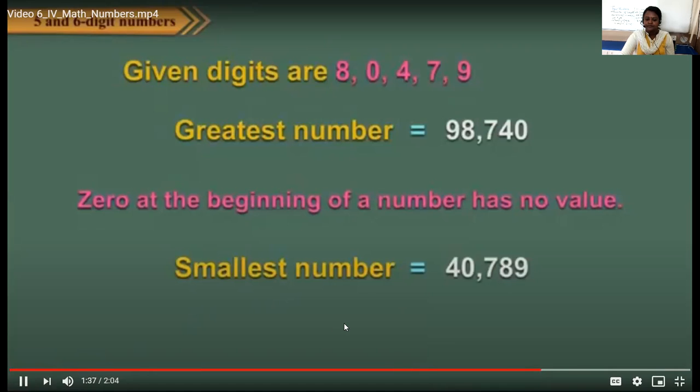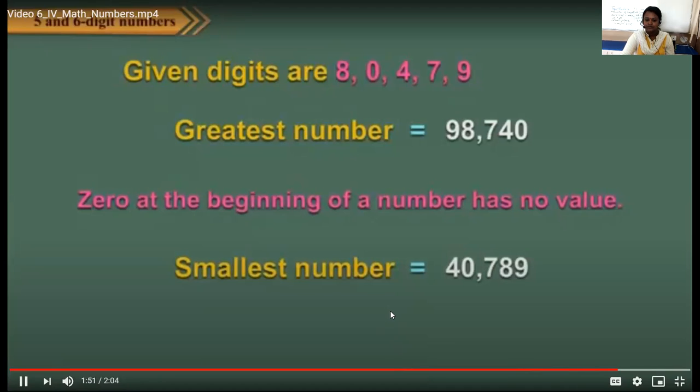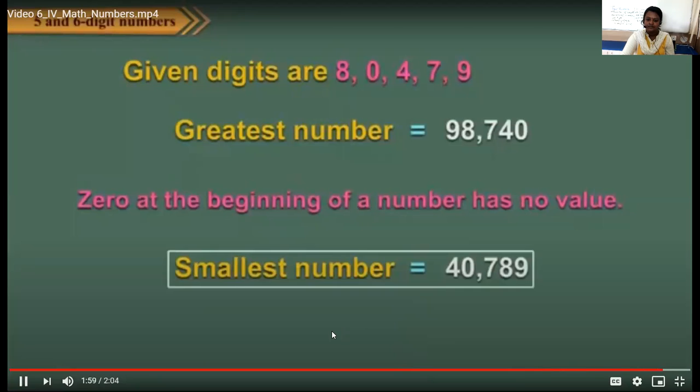It is actually 4789, a 4-digit number. So whenever one of the given digits is 0, it is not written at the extreme left. While writing the smallest number, we write 0 in the second place from the left. So the smallest number is 40789.